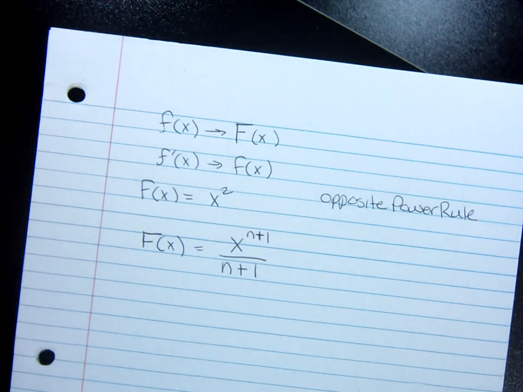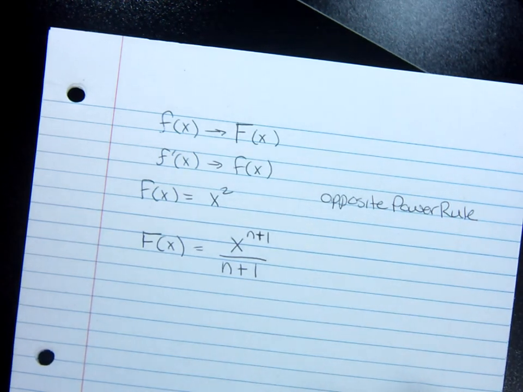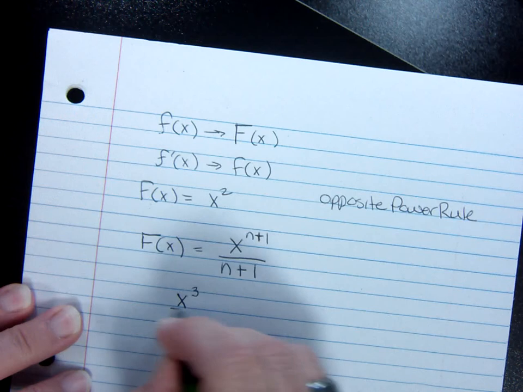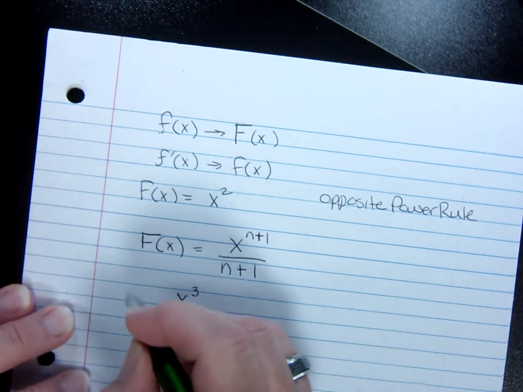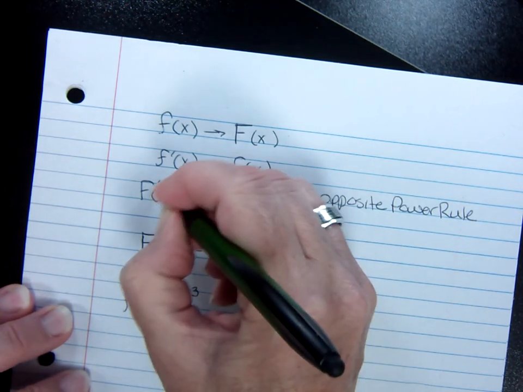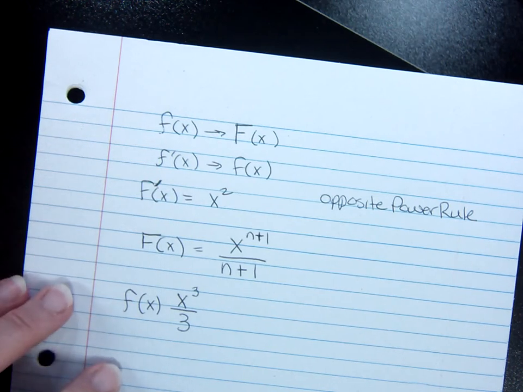Okay, so the thing is with this, let's take a look. It could be x to the third over 3 for the one that we just did. So we're going to say this is f prime of x, and we get x to the third over 3.